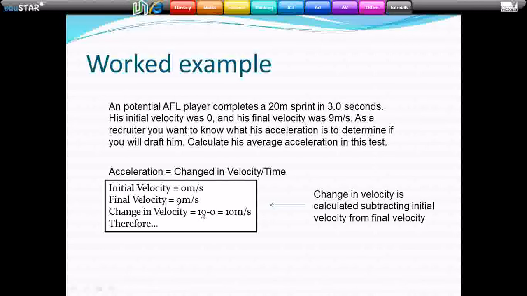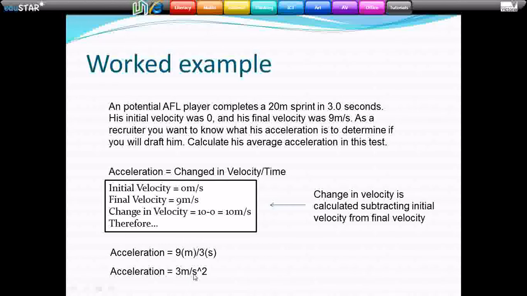The final velocity is 9 meters per second, so 9 minus 0 is obviously going to be 9, and this should be read here 9 meters per second, so just ignore that. Therefore, the acceleration is 9 meters per second divided by 3 seconds. Therefore, the acceleration is 3 meters per second squared.